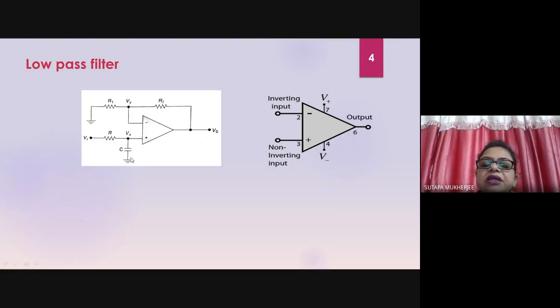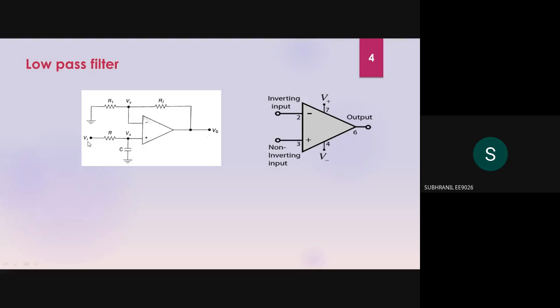What capacitive reactance did Sandeep say? 1 by J omega c. Then Vx by 1 by J omega c, that will be into J omega c. So the equation is Vi minus Vx by R equal to Vx into J omega c.